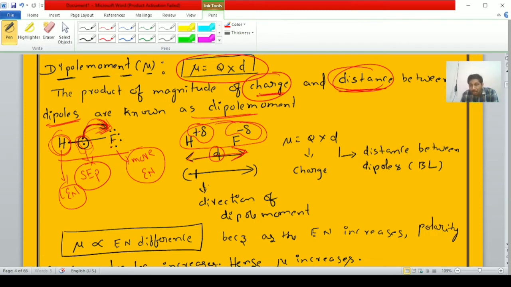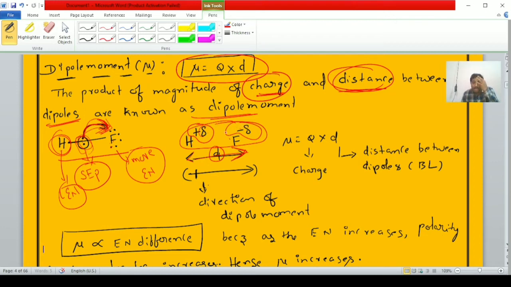These partial positive and negative charges are developed on the hydrogen and fluorine atoms due to the electronegativity difference between them. Therefore, student, the charge on hydrogen is plus delta and on fluorine is minus delta. The magnitude is the same, but the sign is different.